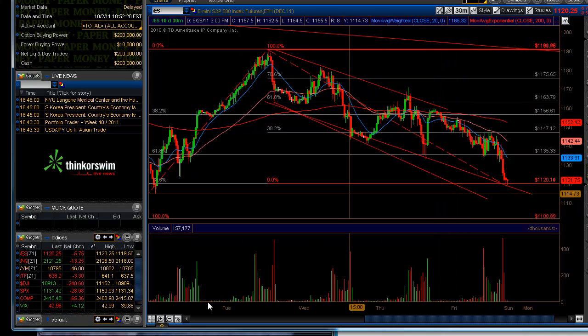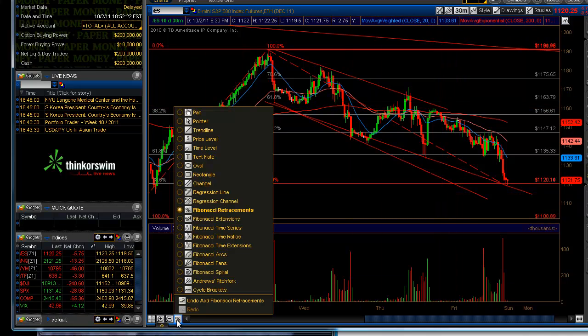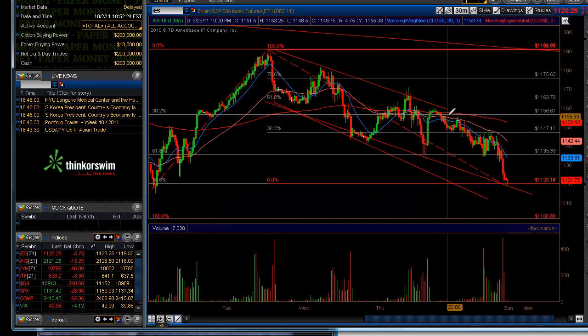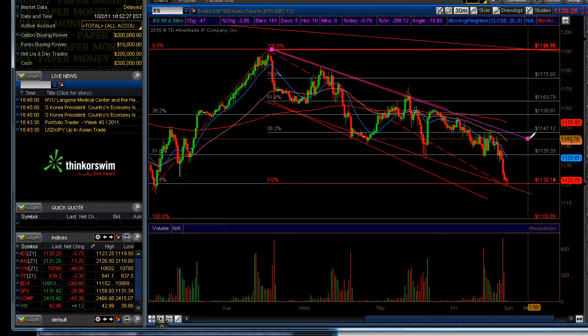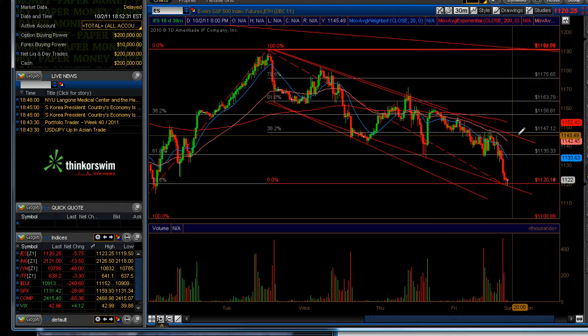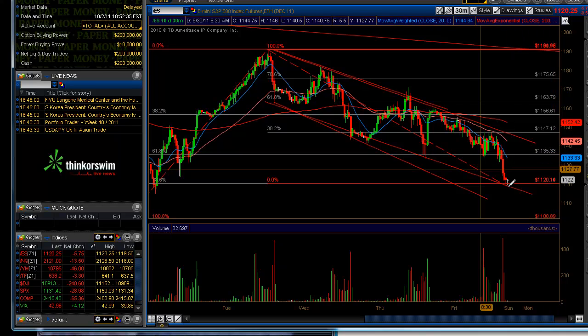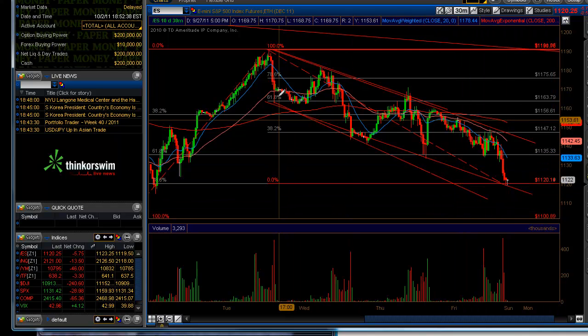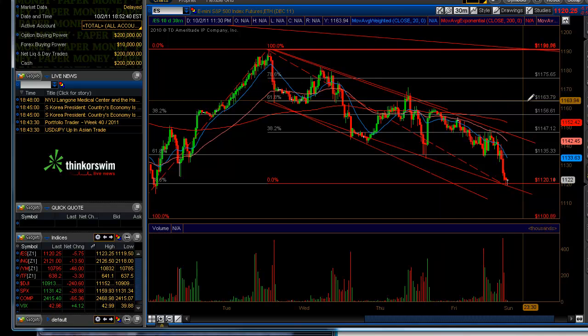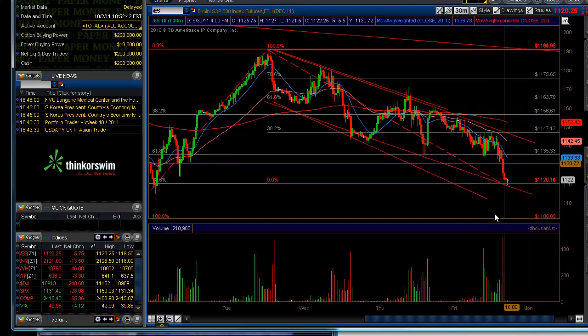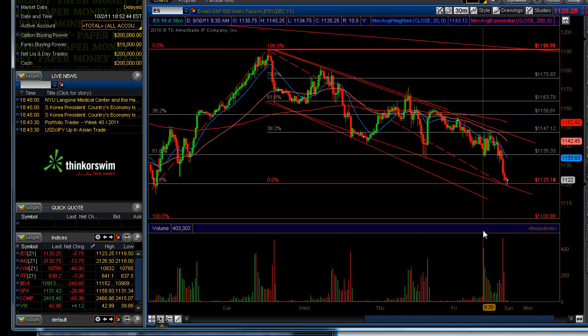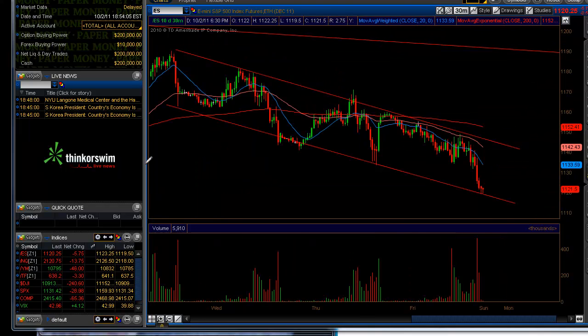Here's the trend line. Okay. So the 382 is back here. And the 618 is 1163. So let me get rid of some of this so it's a little easier to read.